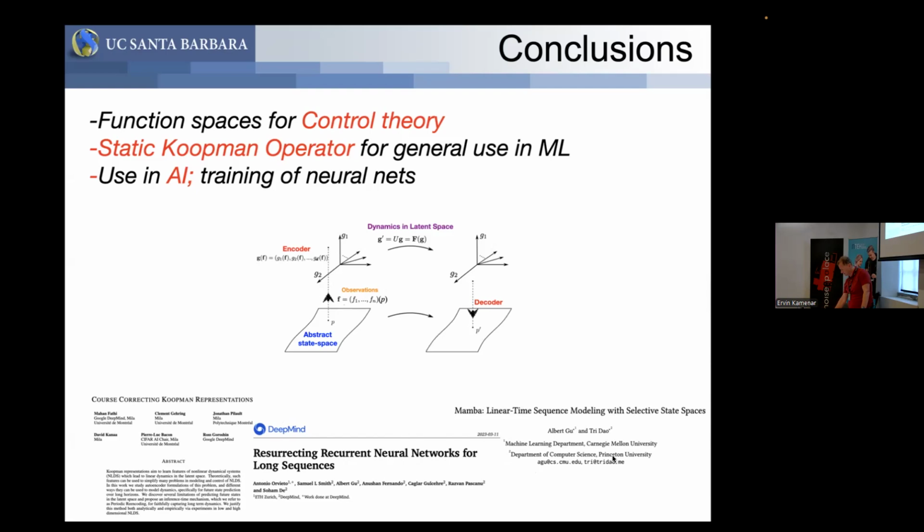And then this Princeton Carnegie Mellon collaboration that speaks about using neural networks in conjunction with the Koopman operator theory. In this paper in particular by DeepMind, particularly trying to resurrect the recurrent neural networks by watching the eigenvalues of the Koopman operator and preventing the exploding or vanishing gradient problem that recurrent neural networks have.